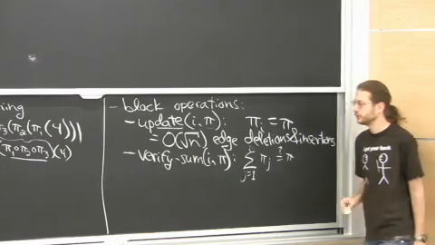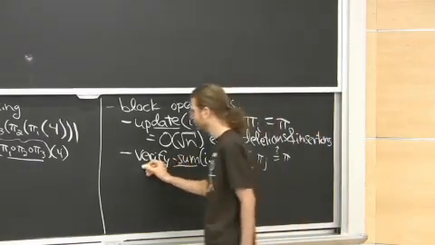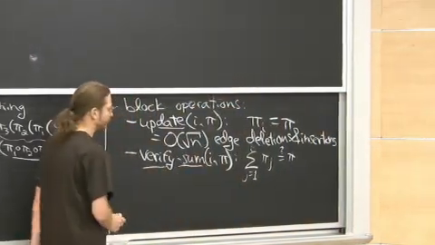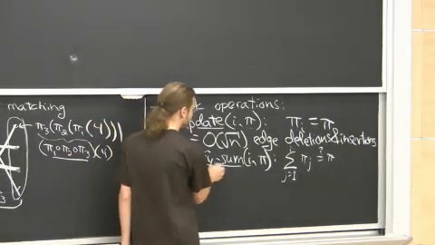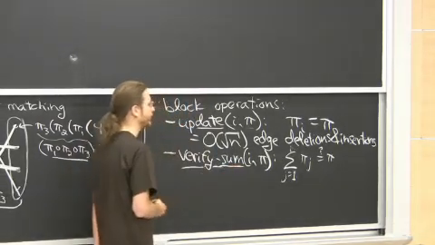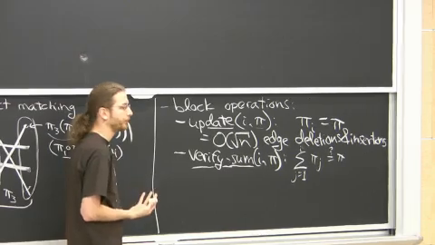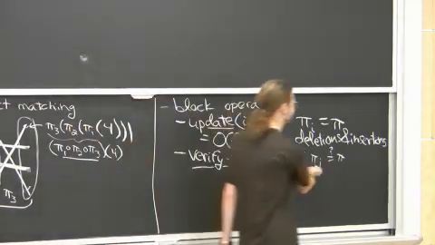Yes or no? This is what I'll call verify sum. Sum meaning composition, but the sum terminology comes from a different problem, which we won't talk about directly here, called partial sums.